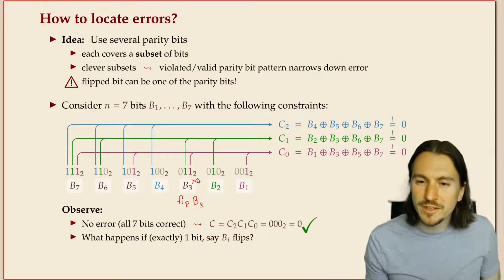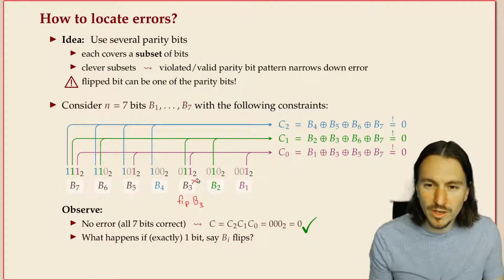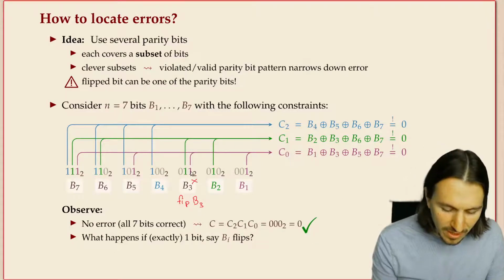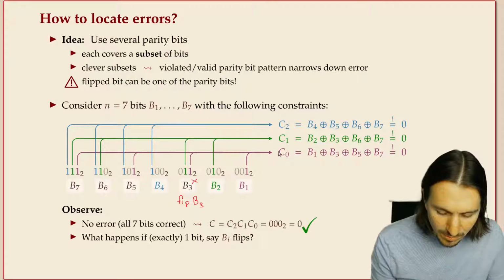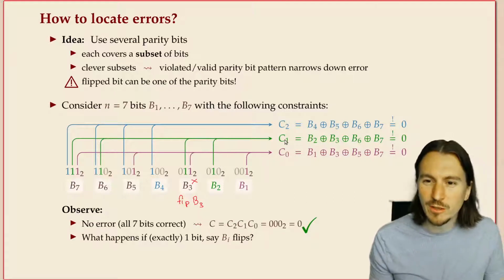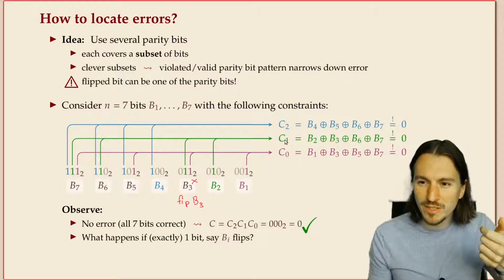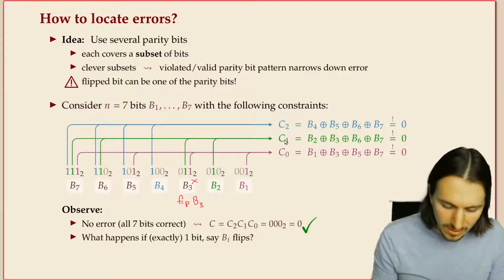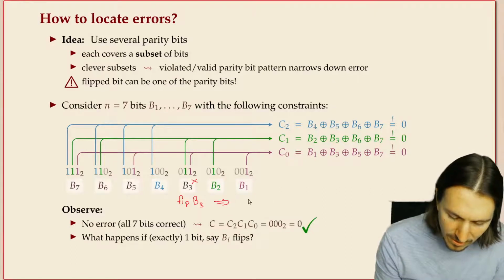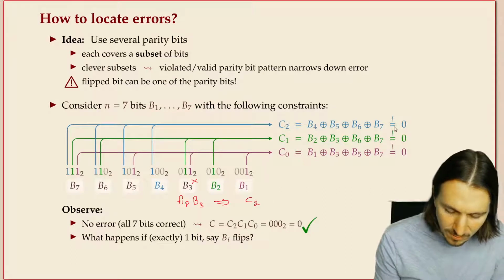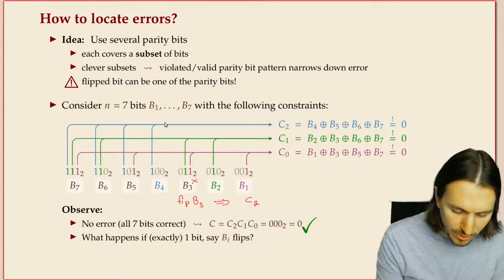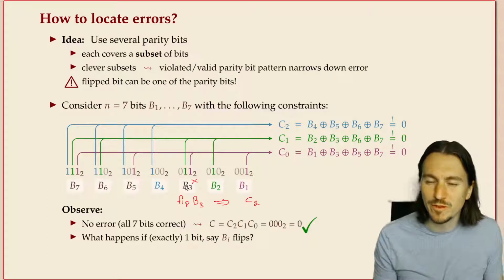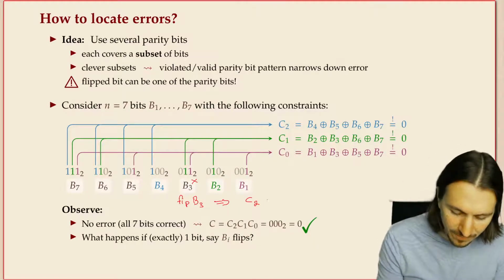So this one's different now. This one used to be 1, say, and now it's 0. What that means is that both the magenta and the green checking bit will also flip its parity. C2 is not affected because it only takes the blue positions here, and B3 is none of these, so there's no change in parity.